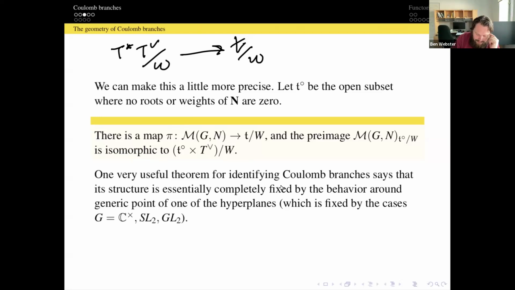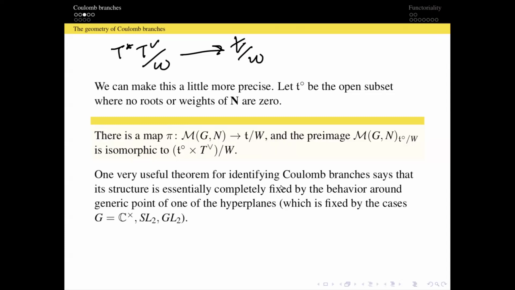I'm not going to try to state the theorem precisely, but BFN have a theorem which basically says you can completely reconstruct the Coulomb branch by just what's happening generically on these hyperplanes. And this is another manifestation of Hartogs' theorem, right?